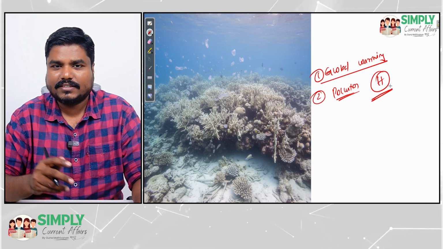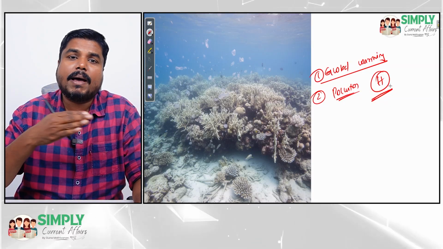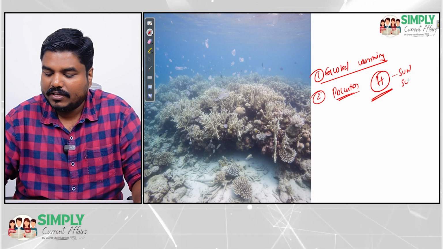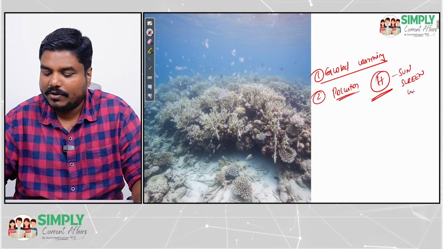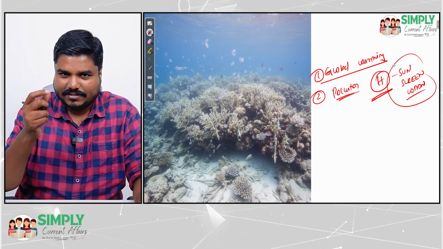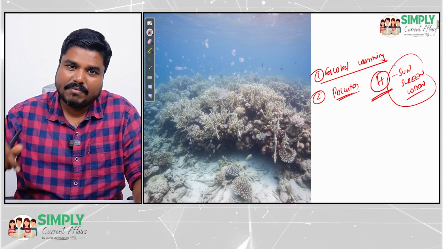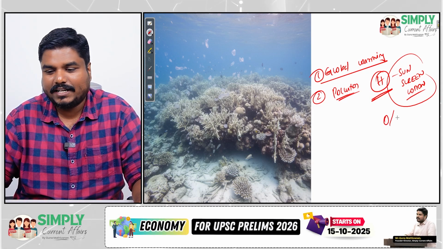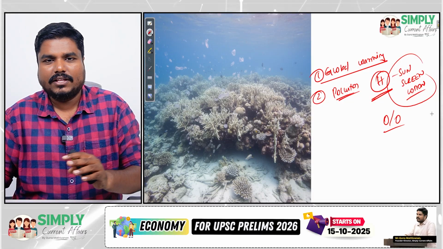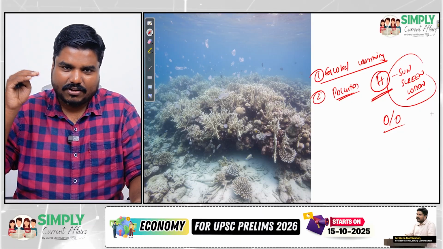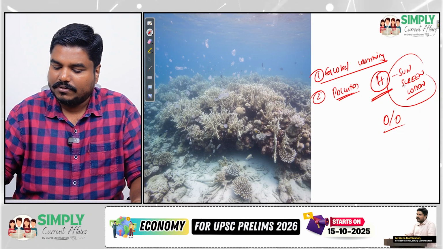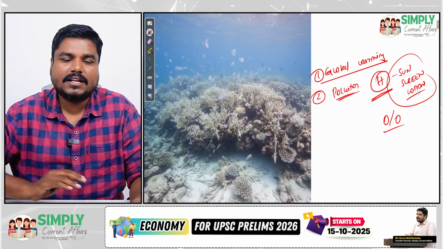This Hawaii state has banned the use of certain sunscreen lotions, not all, but those with specific chemicals called octinoxate and oxybenzone. Not important from an exam point of view, just know that sunscreen lotions with these common ingredients, octinoxate and oxybenzone, are banned in Hawaii state.